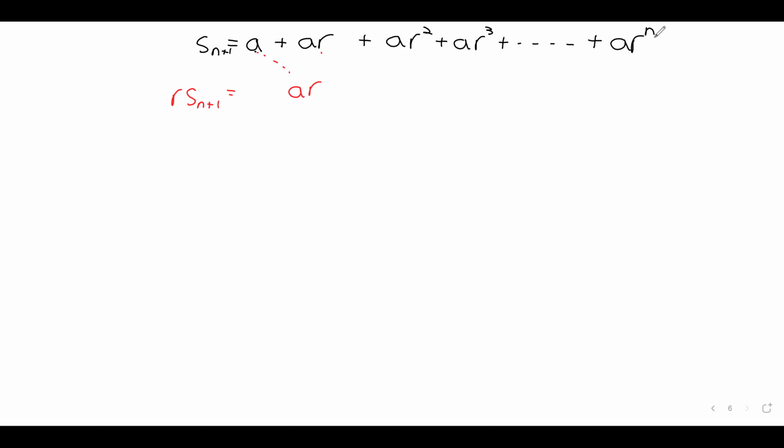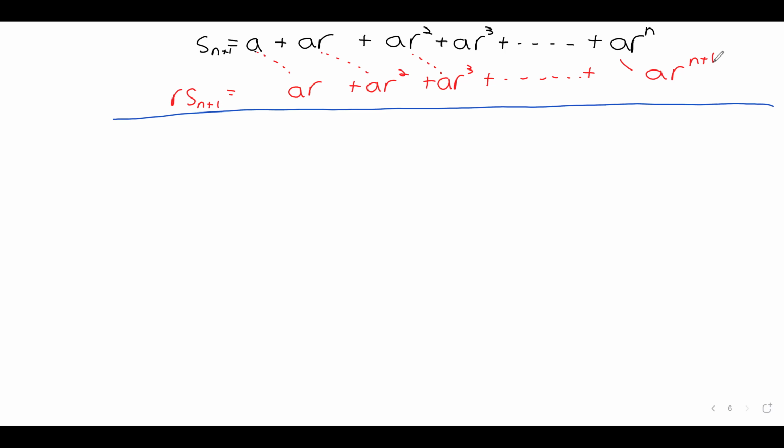And when we multiply AR by R, we get AR squared. And so on. We see that most of these terms are the same. The only difference is that we are now lacking a term at the beginning and we have an additional term at the end.